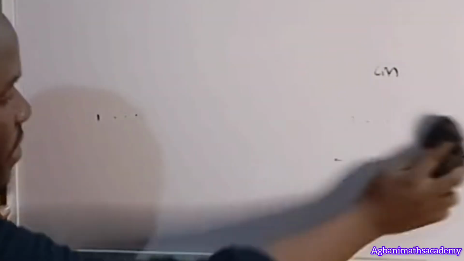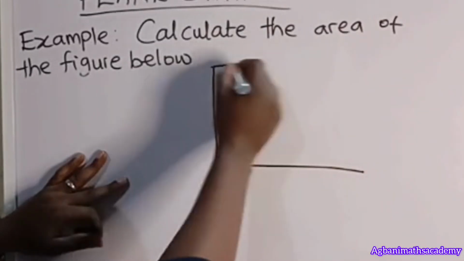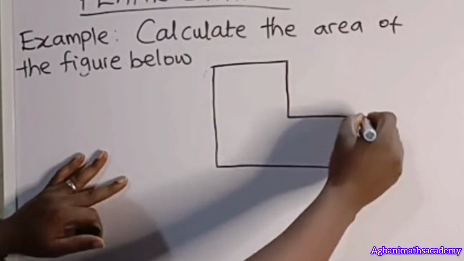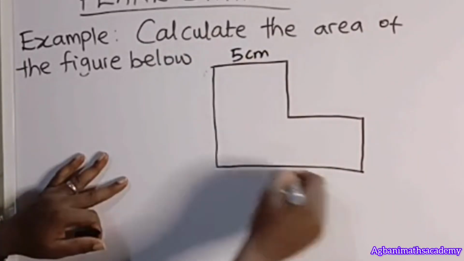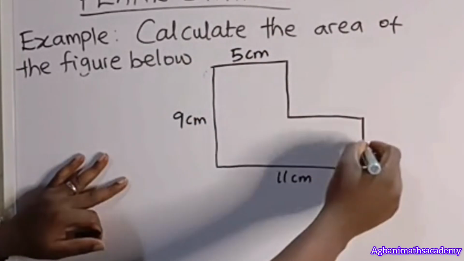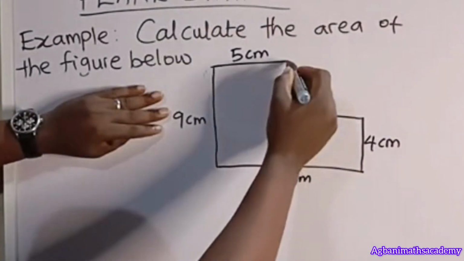Let's go through the second method. So this is 5 centimeter, 11 centimeter, 9 centimeter, 4 centimeter. The second method of solving this is we can extend this.